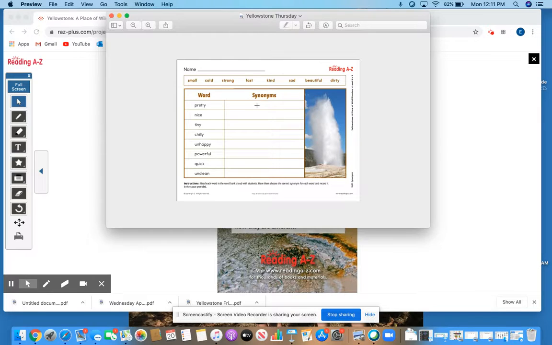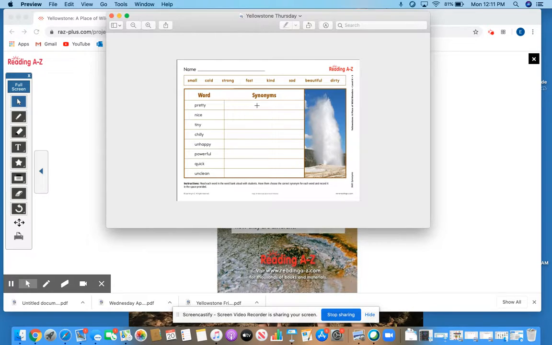A synonym, first graders, is two words that pretty much mean the same thing. Let me give you an example. If I said Champ is fat, a synonym for the word fat would be chubby, or Champ is heavy. Those are synonyms.